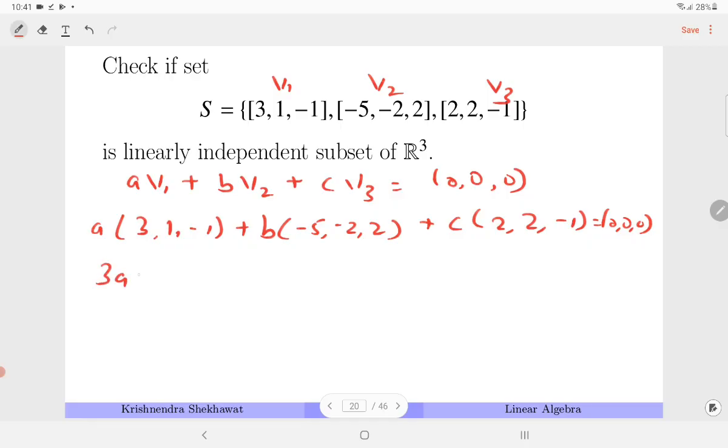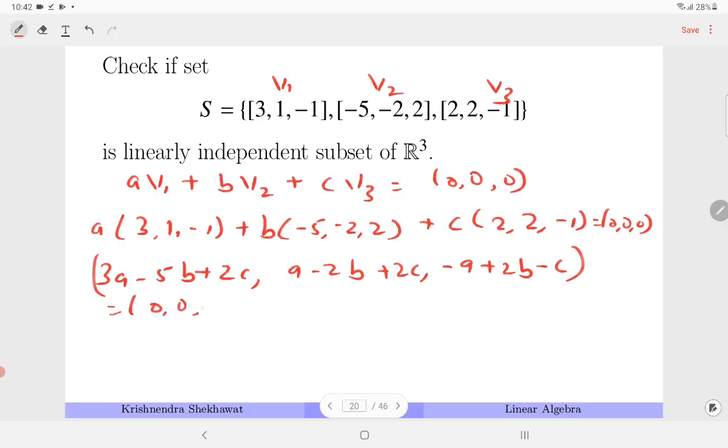So the first entry is 3a minus 5b plus 2c. The second entry is a minus 2b plus 2c. The third entry is minus a plus 2b minus c, and this is equal to (0, 0, 0).